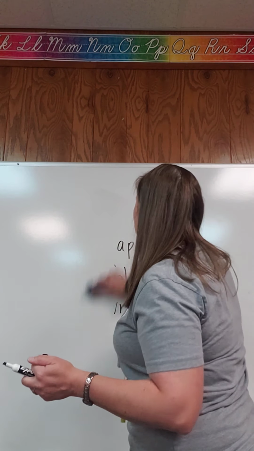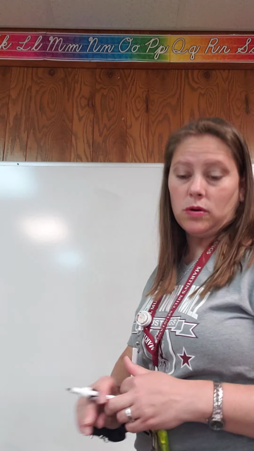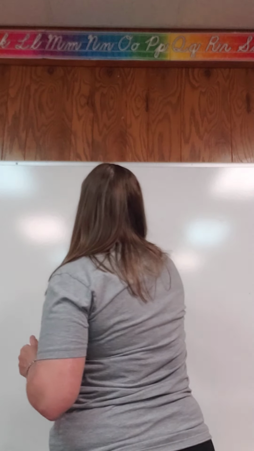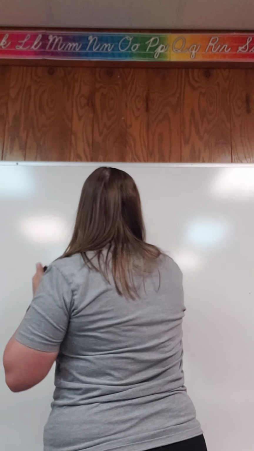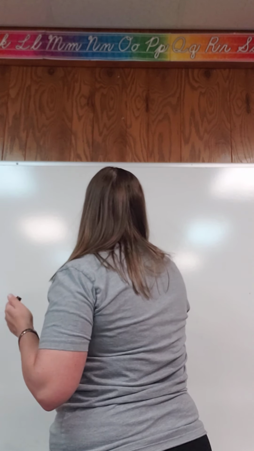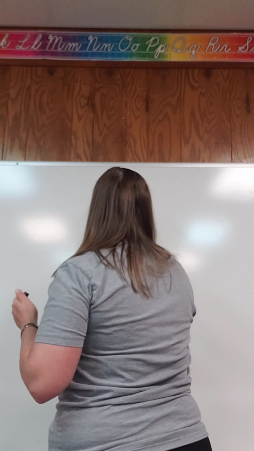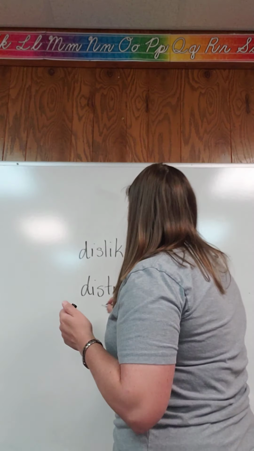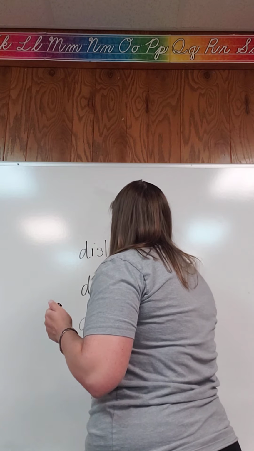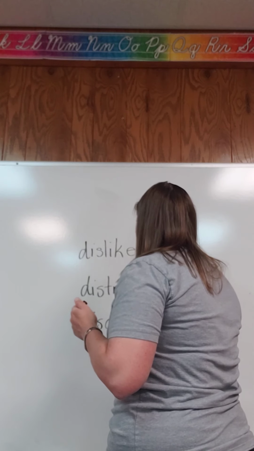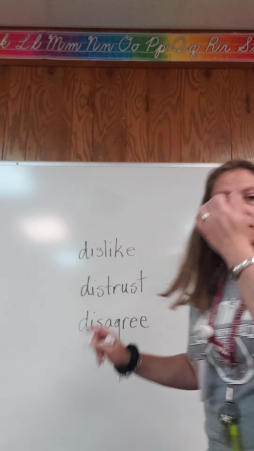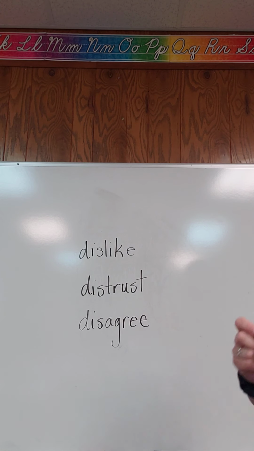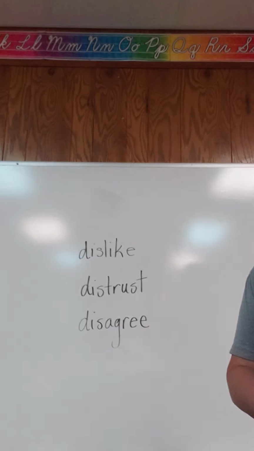Let's take a look at some more. Okay, take a look at those words. See if you can read what they say, and see if you can identify the prefix on those words.